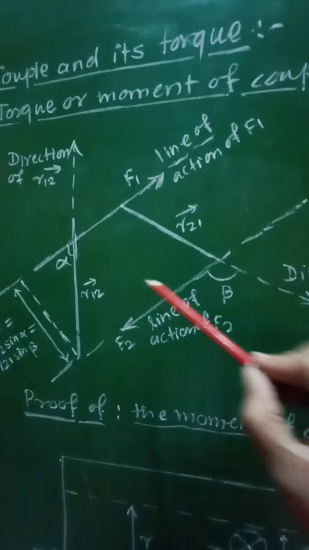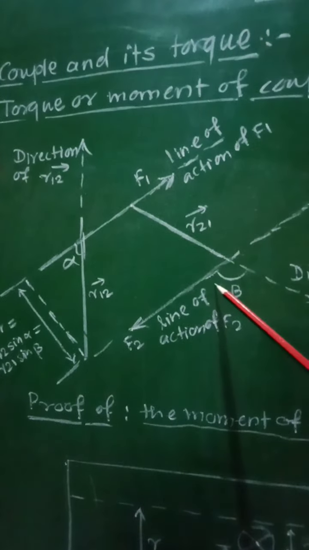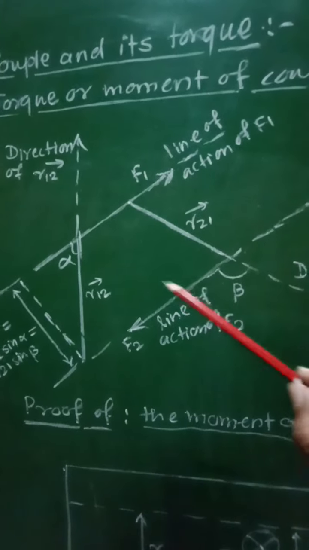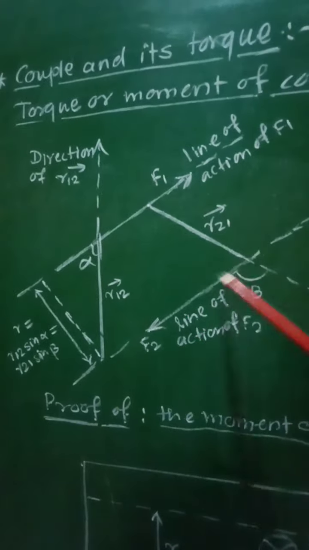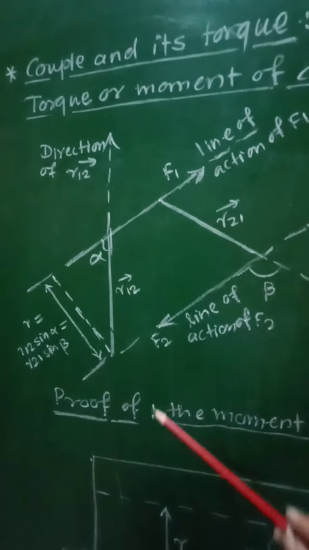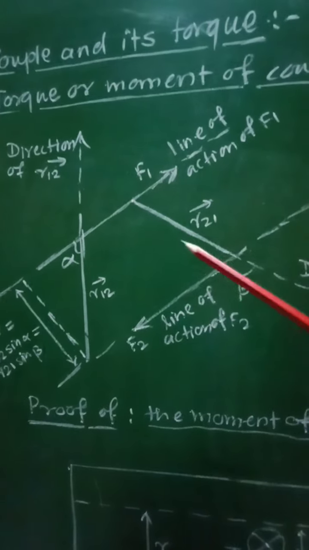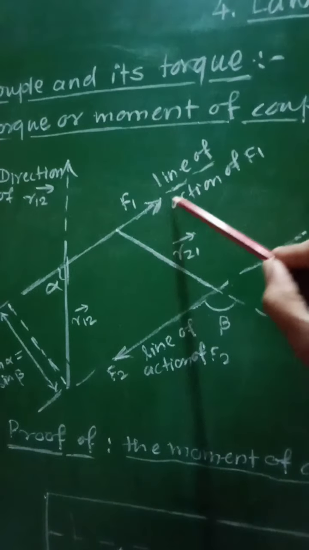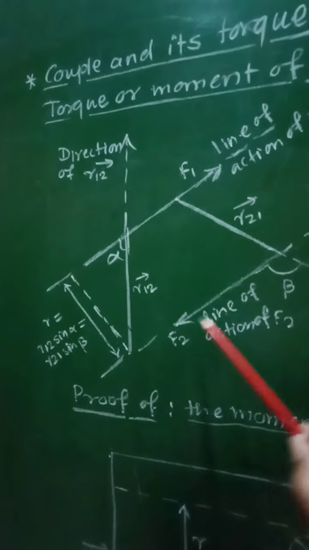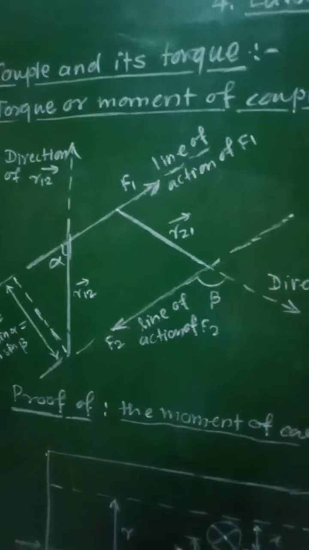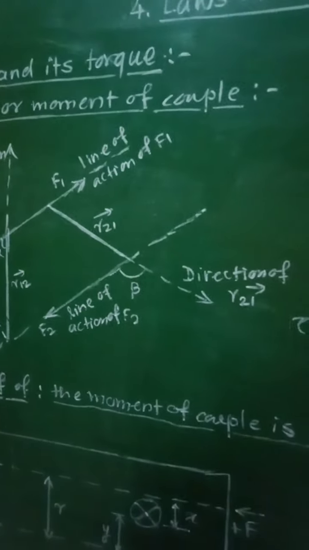So alpha and beta are the two angles made by the directions of vectors r12 and r21 with the lines of action of the forces.